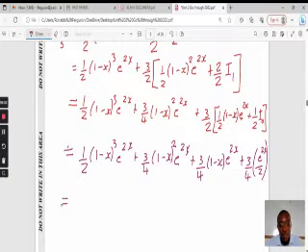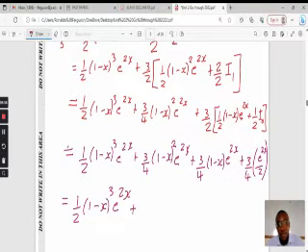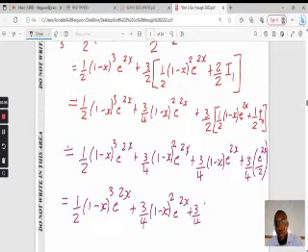So your final answer is 1 over 2, 1 minus x cubed, e to the 2x, plus 3 quarter, 1 minus x squared, e to the 2x, plus 3 quarter of 1 minus x, e to the 2x, plus this is now 3 over 8 e to the 2x.